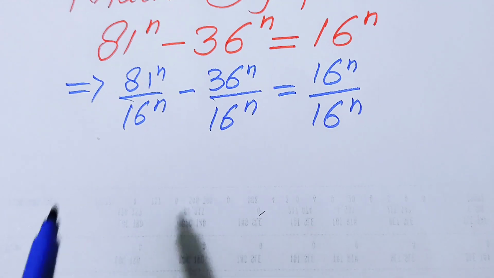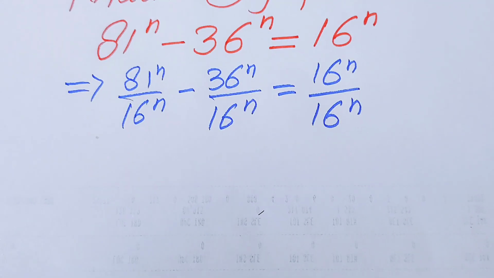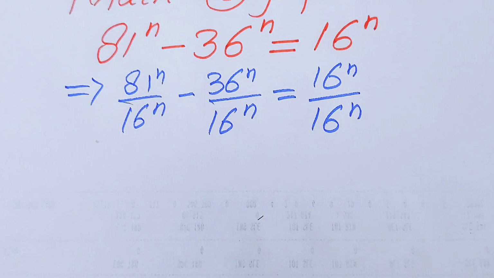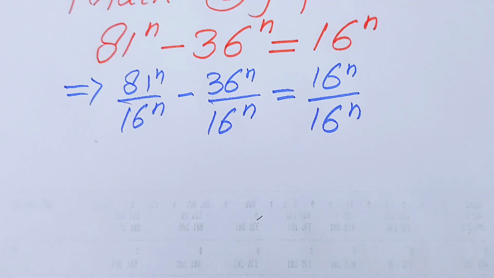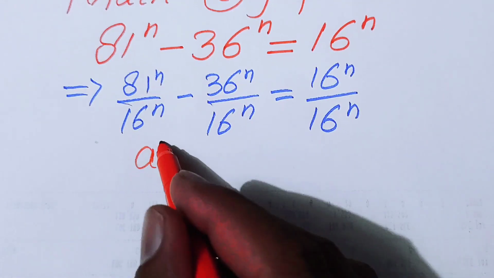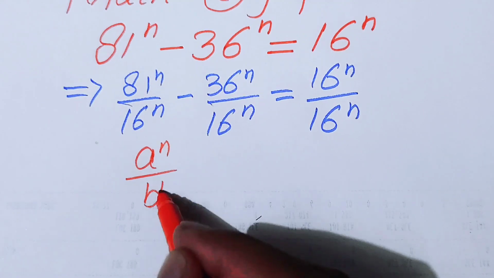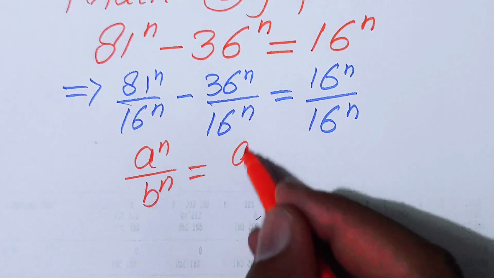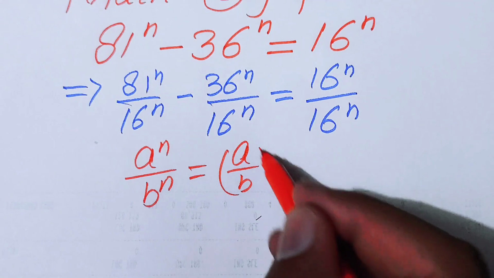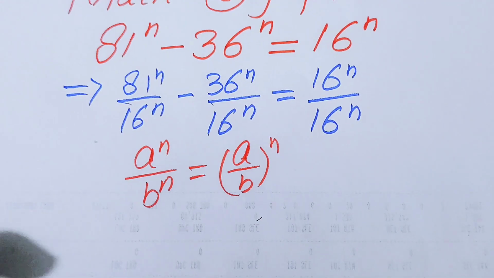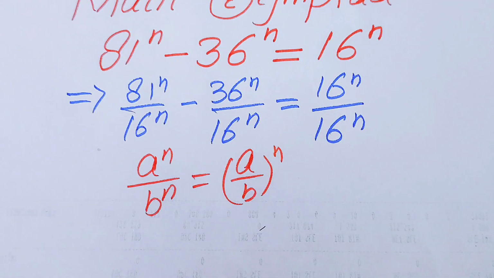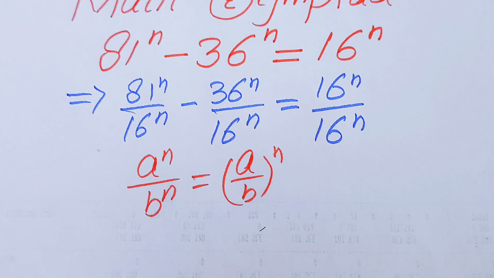And now in the next step we will use the nice exponential law, and you know about this law. If we have a to the power of n over b to the power of n, it is equal to a over b and its whole power n. So now we can use this law.